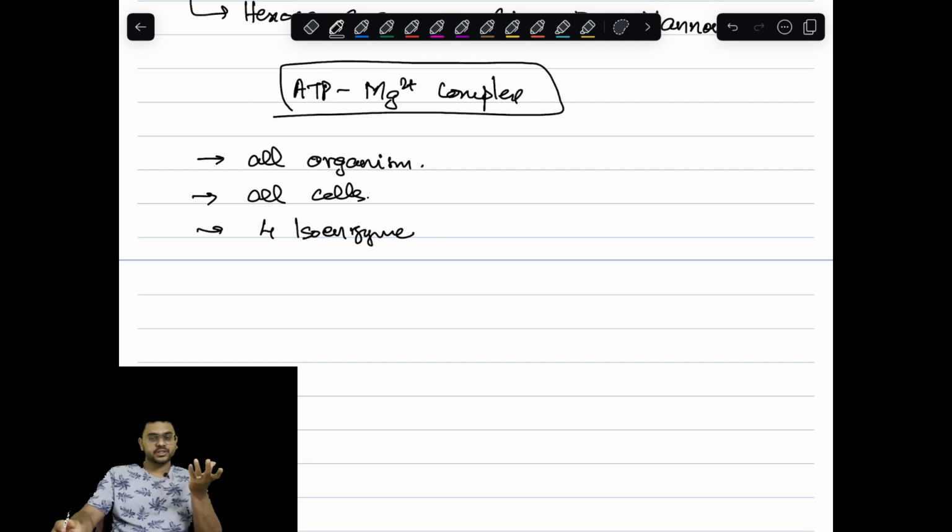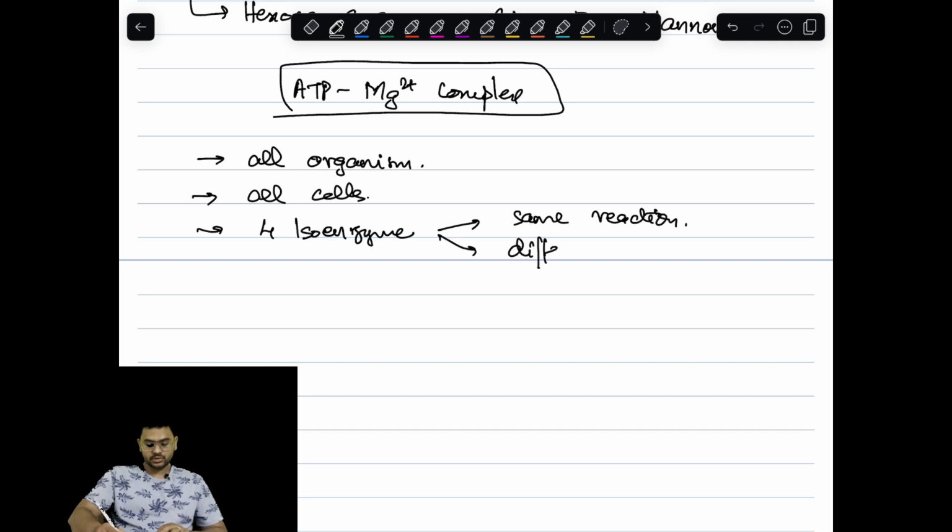In the context of function, they all catalyze the same reaction, but they differ in their structure. So you can call them different gene products that catalyze the same reaction. They are also encoded by different genes.